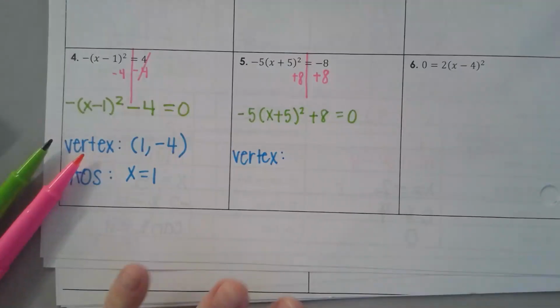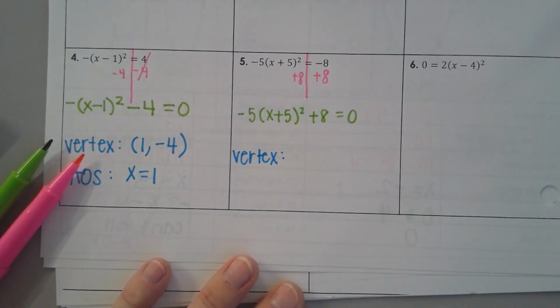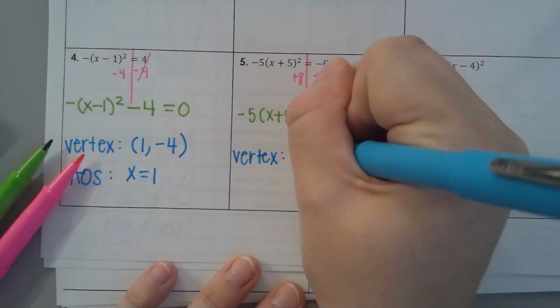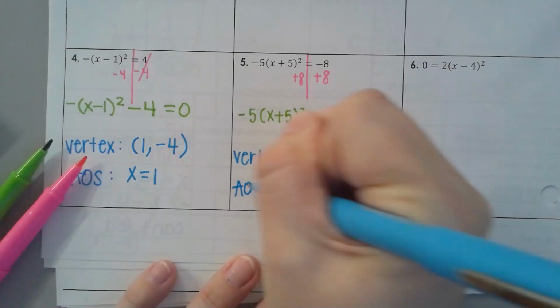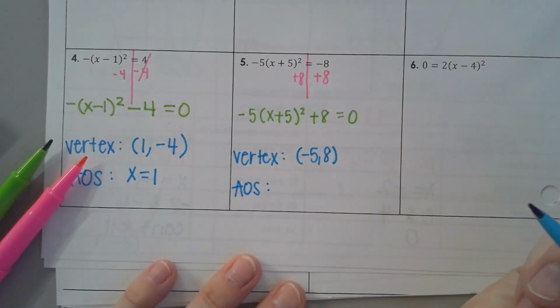So what's my vertex? Negative 5, 8. And my axis of symmetry is not negative 5. X equals negative 5.